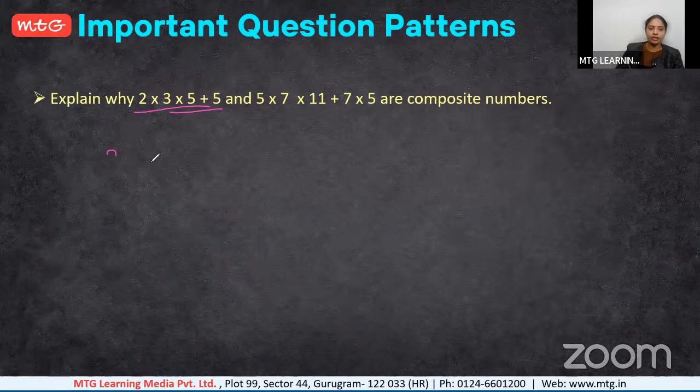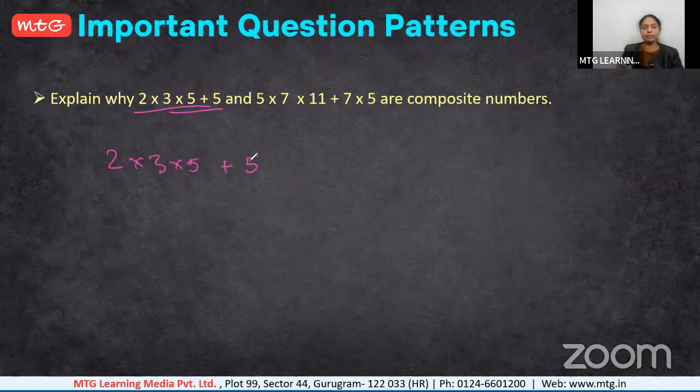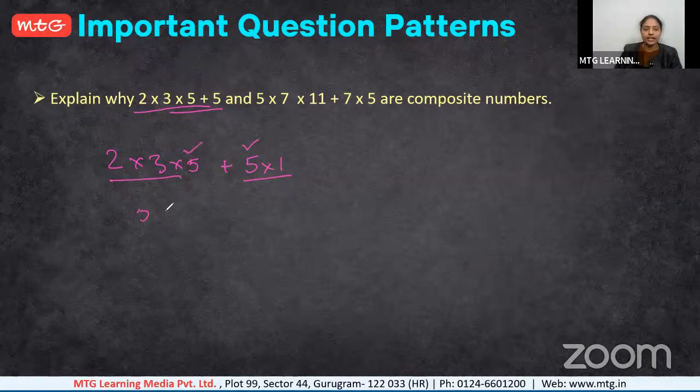So see here, my number is 2 into 3 into 5 plus 5. If you observe factorization and the distributive property, here I can write 5 as 5 into 1. Now, in this part and in this part, I have 5 as a common thing. So by applying the distributive property, I can write it as 5 times (2 into 3 plus 1).